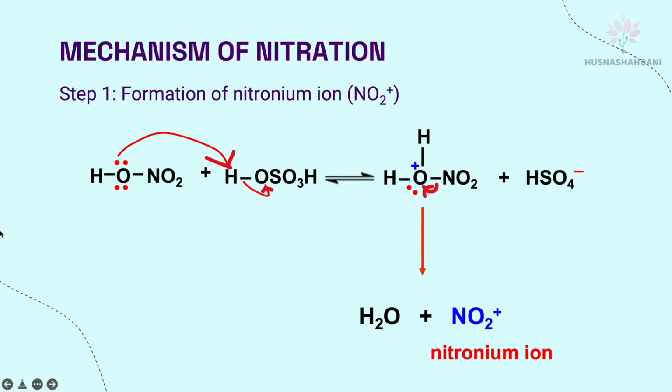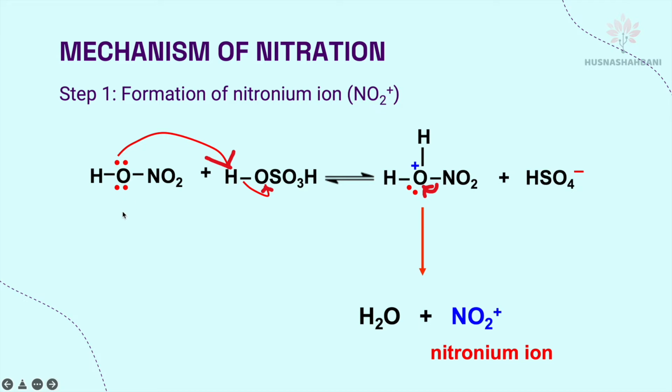The mechanism of nitration starts with step number 1, formation of nitronium ion. So nitronium ion is NO2+. We have concentrated HNO3 to be reacted with the benzene ring.